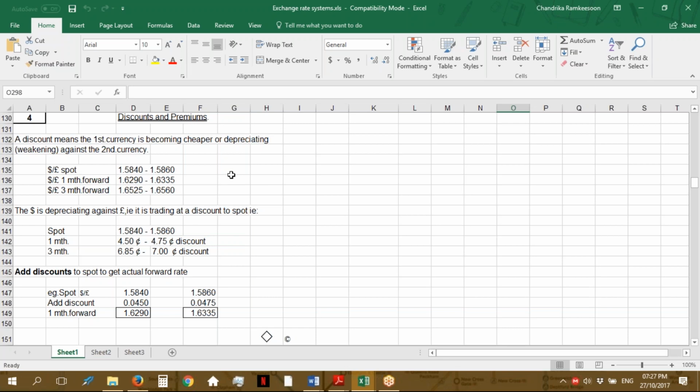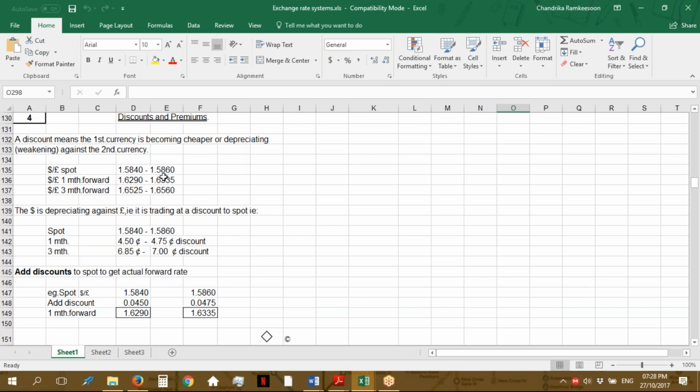Now, what the examiner may do is this. As I said, he may not give you the forward rates. He just gives you the spot rates. What he does give you is discounts or premiums, but let's say discounts first. If you were to examine these figures, the fact that an increase in numerical value means that the currency is weakening, the difference between 162.90 and 158.40 is a discount, because the dollar is the stated currency here.